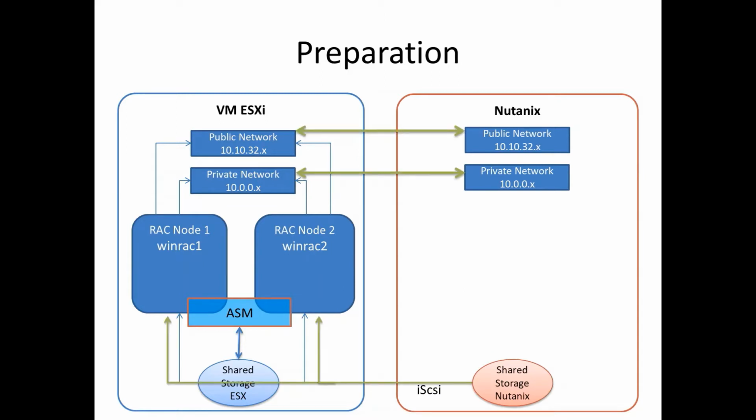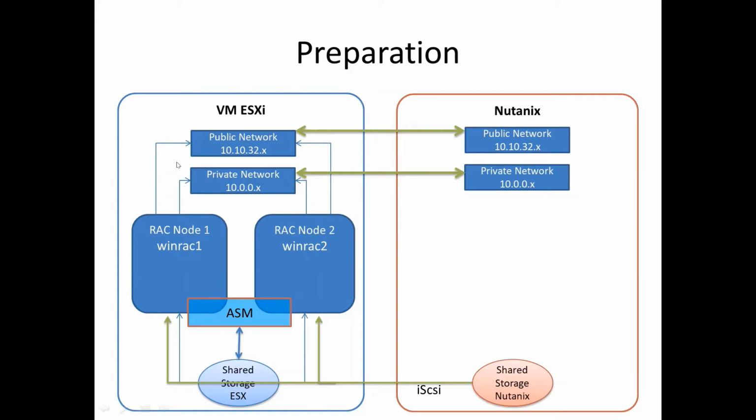Now, I have to establish the connectivity between these networks. This is mandatory because we are migrating one node at a time. If you are doing it together, with downtime, shifting both the VMs, then we don't need this communication to be established, because we will be using the same public network and private network within the Nutanix environment itself.